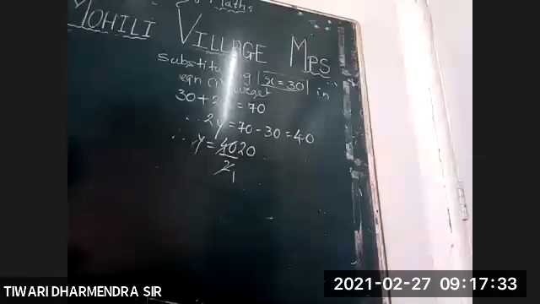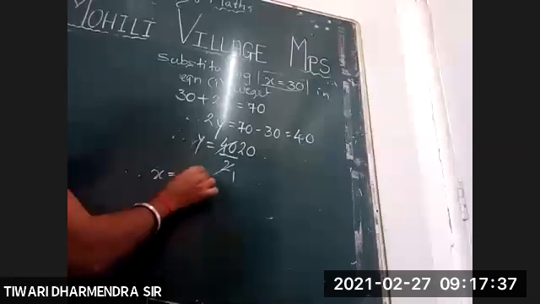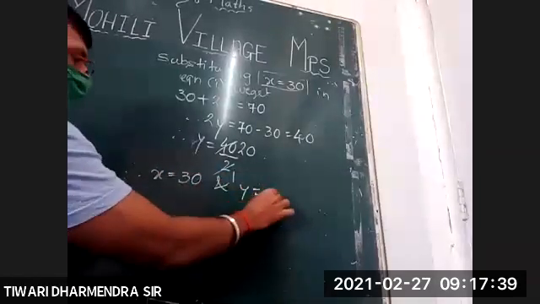So therefore, x is equal to 30 and y is equal to 20.